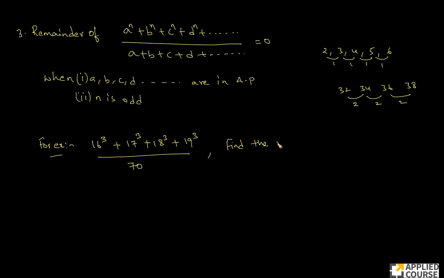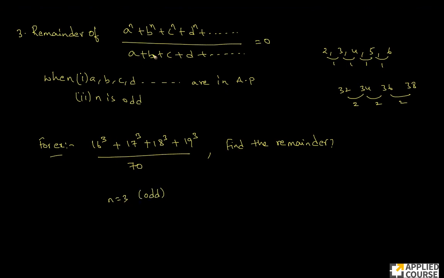Now see whether 16, 17, 18, 19 are in arithmetic progression or not, because the common difference for these numbers is 1. So definitely you can say that 16, 17, 18, 19 are in arithmetic progression. And what is the other condition? n should be odd. n equal to 3, that is odd.